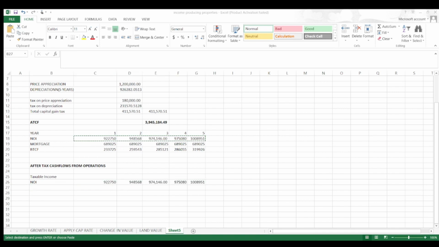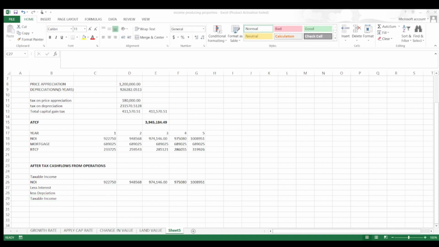For the taxable income, we need to less our interest, and we also need to less depreciation. And with that, we'll be able to get our taxable income.